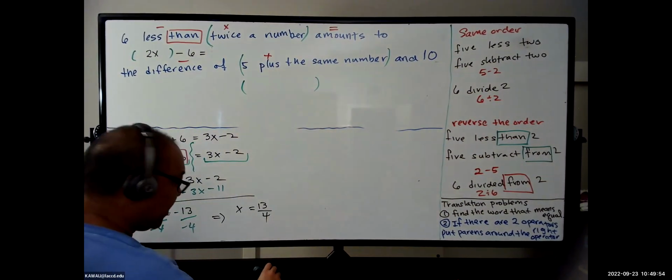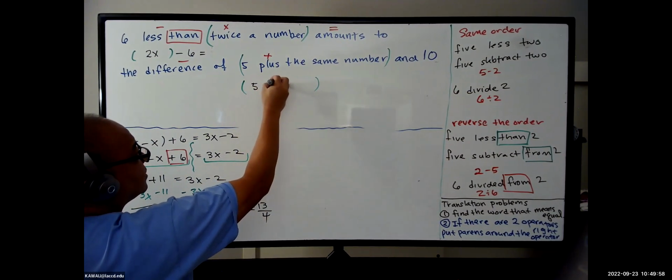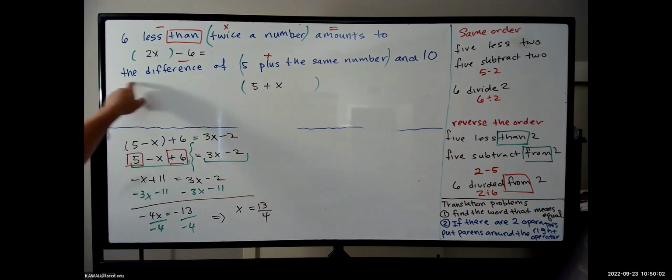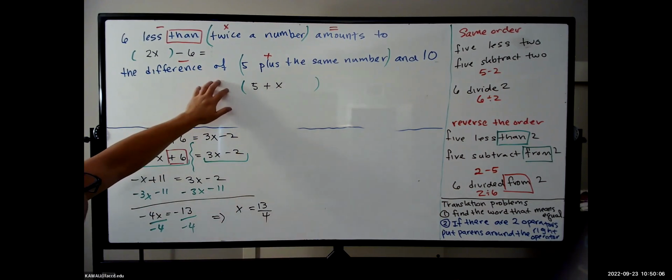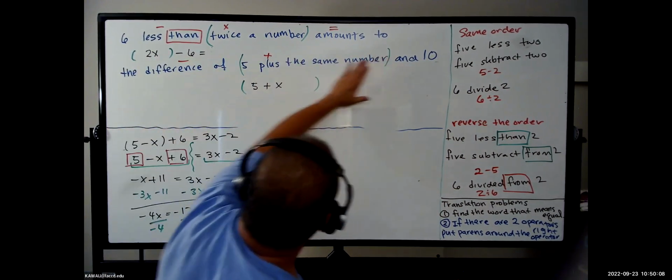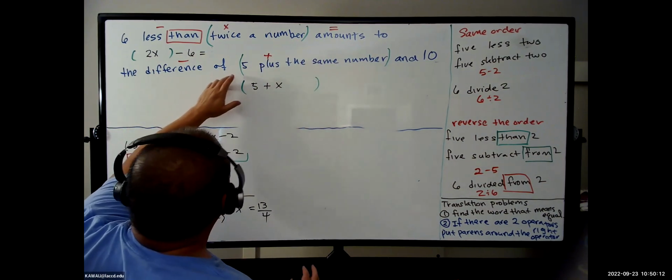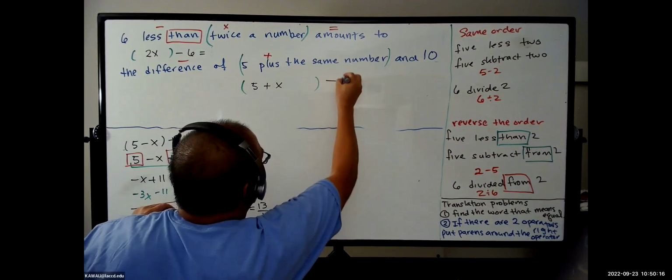And there's nothing in there that tells me to reverse the order. 5 plus x. And then we do the difference. Keep the same order. There's no "than," there's no "from" on this second half, this right half. So same order. This whole thing with the parentheses minus 10.